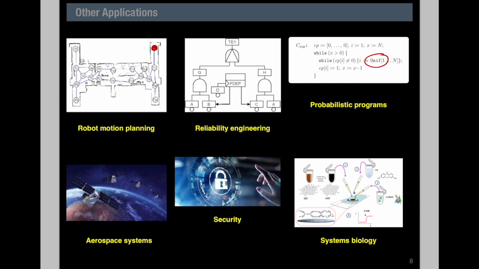In aerospace systems like satellites, randomization is used because you have errors that can happen with a certain probability, and you'd like to know what is the probability of the mission of a certain satellite given certain error behaviors. Many security mechanisms are randomized. And in systems biology, the reaction of, for instance, enzymes or molecules is typically a continuous stochastic process.